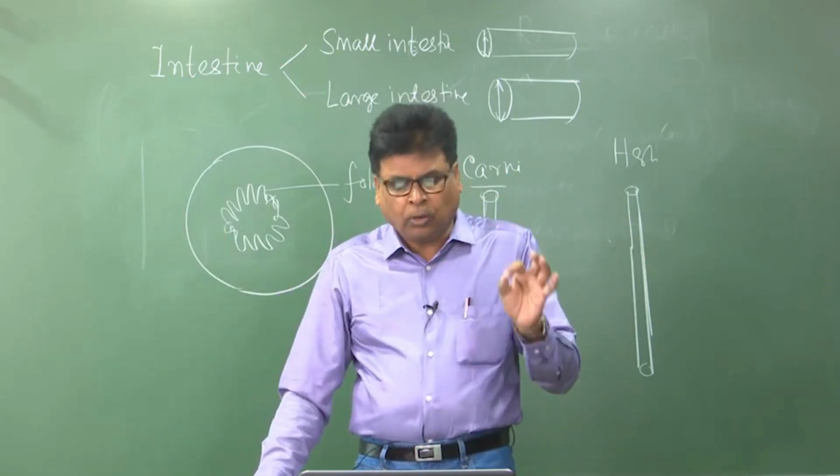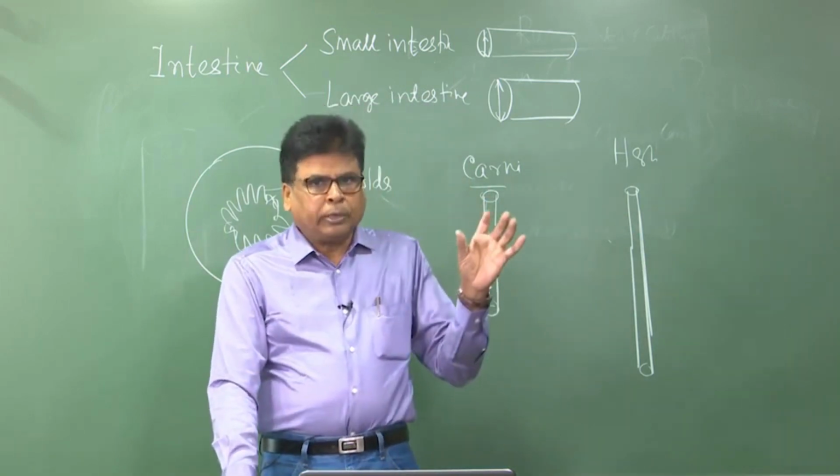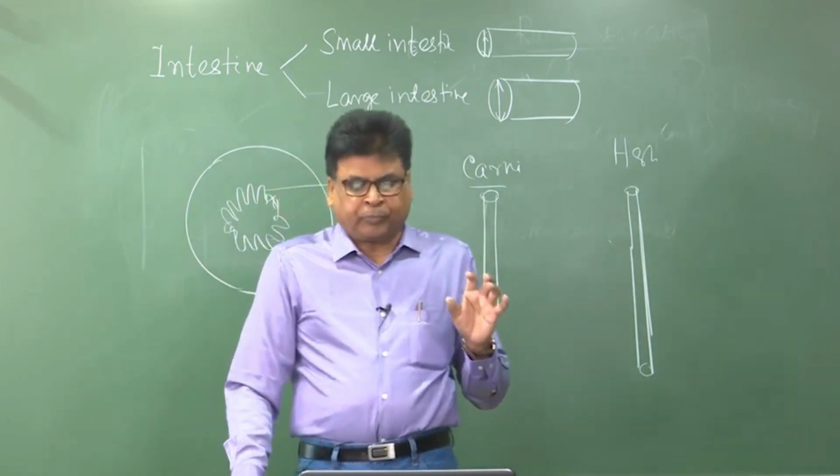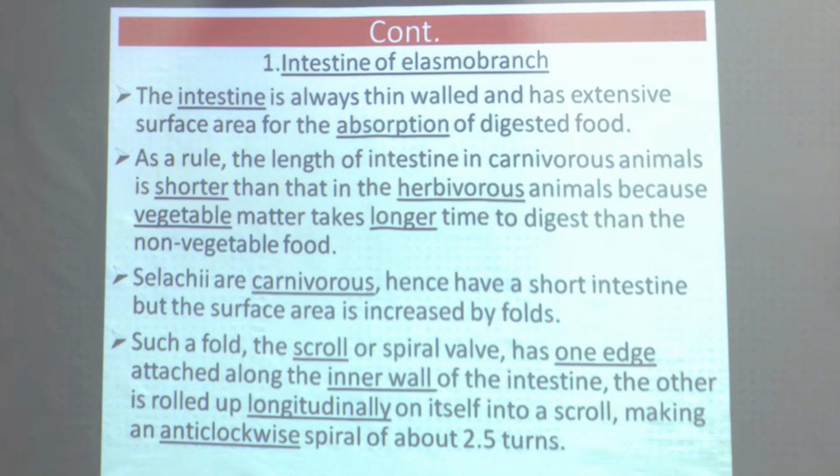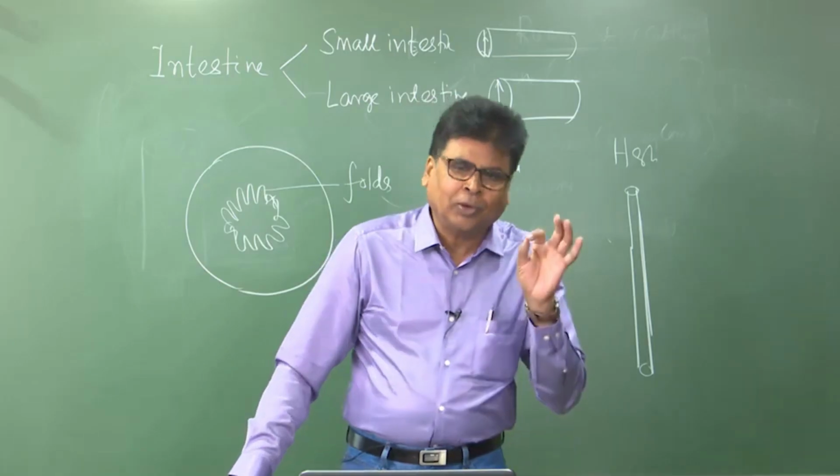As a rule, the length of the intestine in carnivorous animals is shorter than in herbivorous animals, because vegetable matter takes longer to digest than non-vegetable food.